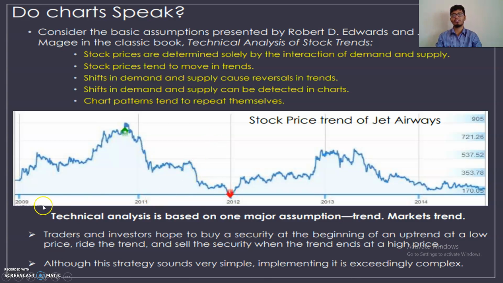If you have the whole chart, fine, you should buy in this particular period, you should sell in this particular period, and you should not wait up to 2012. But you can assume that you are in 2009. How will you know about 2011, 2012, 2013 and 2014? You don't know what is going to happen in the stock market.